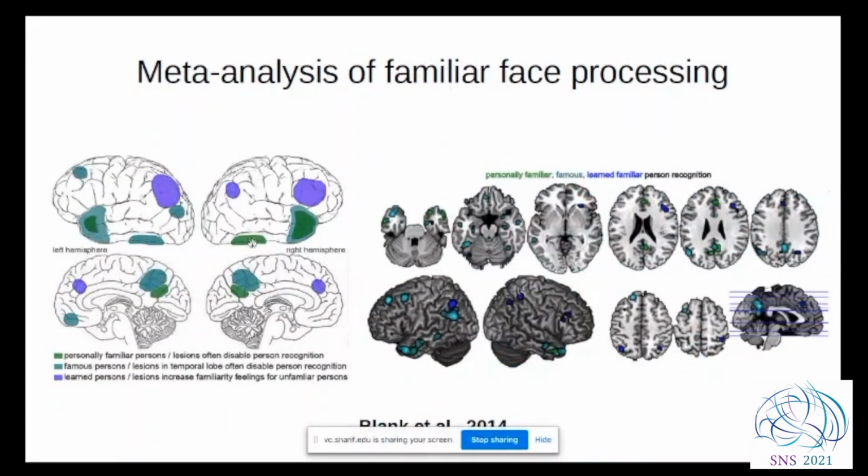If we look at a meta-analysis of familiar face processing, we see this set of regions I just named in the previous slide: anterior temporal lobe, medial temporal lobe, regions in inferior frontal gyrus, and also one of the main spots of familiar face processing, posterior cingulate cortex.